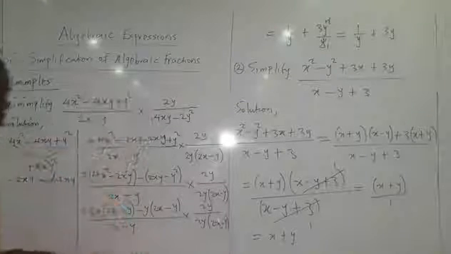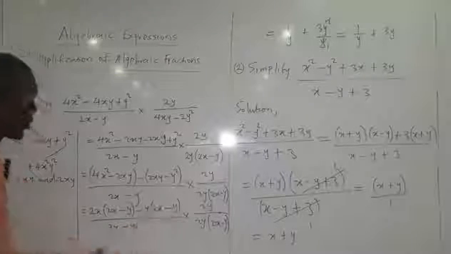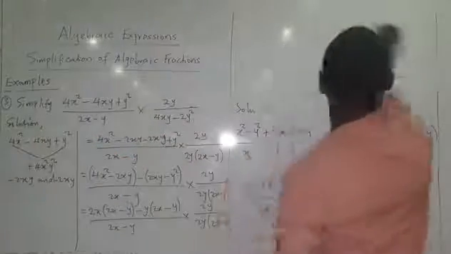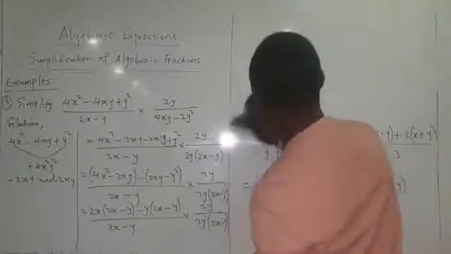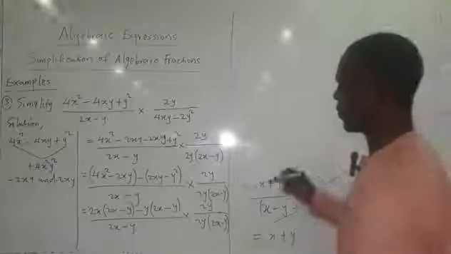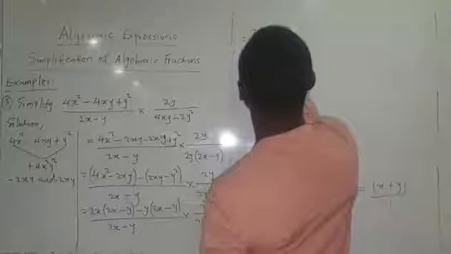So we have common factor here, that is 2x minus y, 2x minus y. So bring one out, then you write the remaining factor, or the remaining term. So we have common factor that is 2x minus y in bracket.